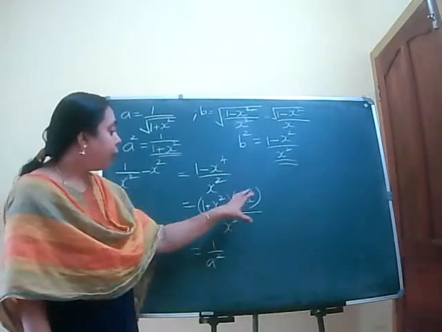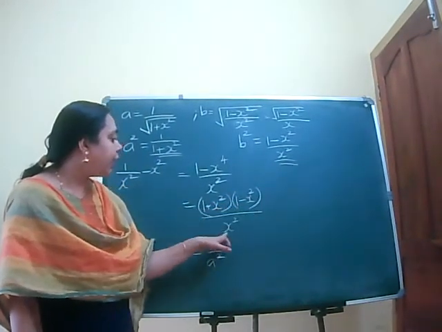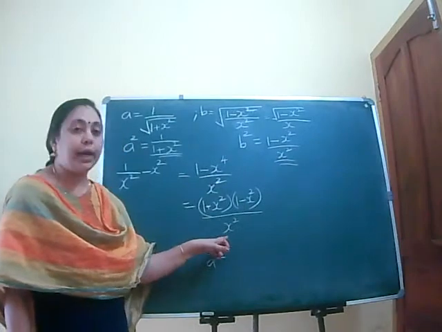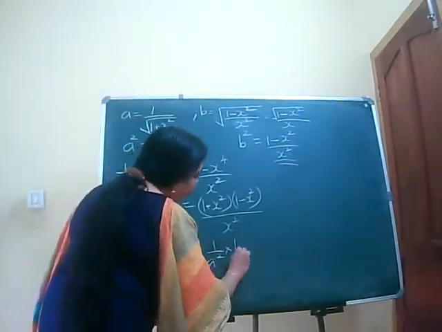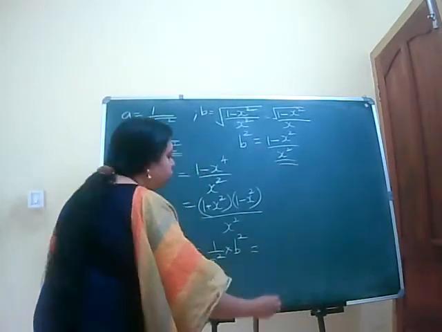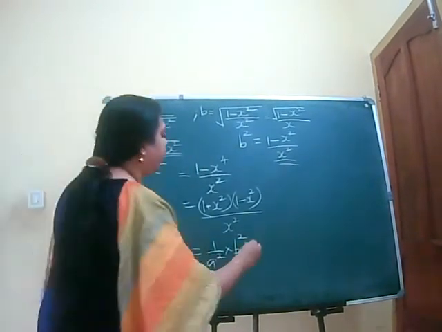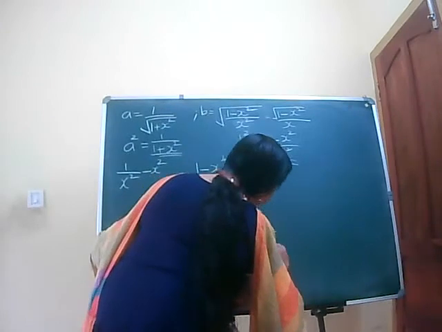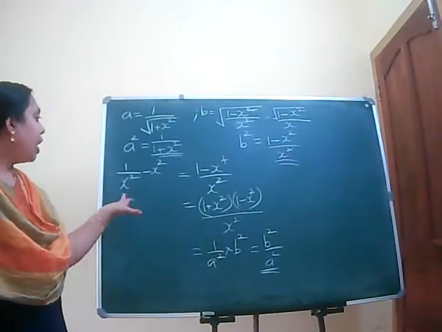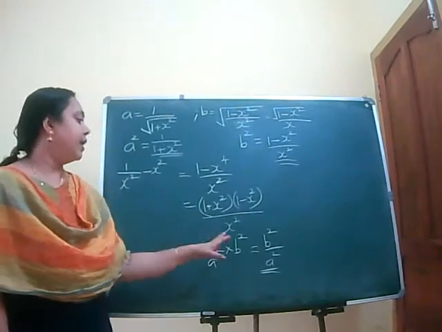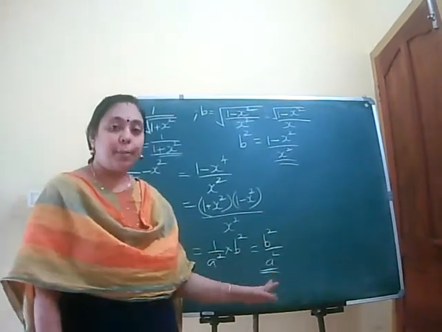So this 1 minus x square divided by x square is B square. So the value of our required expression is B square by A square.